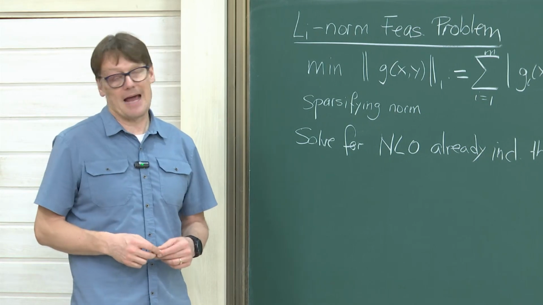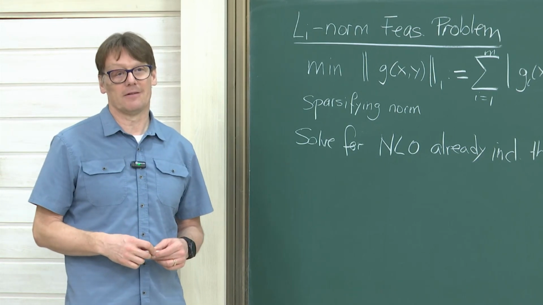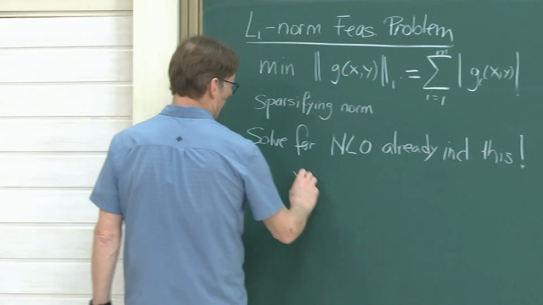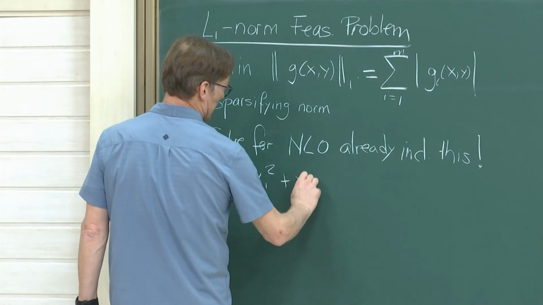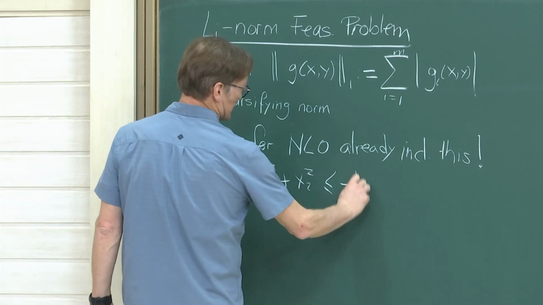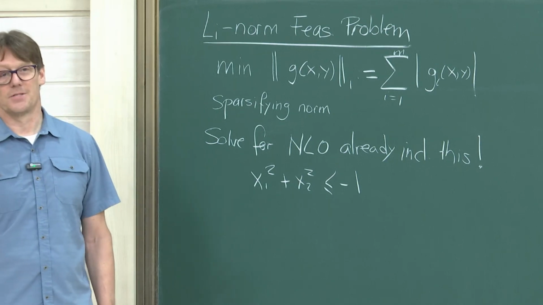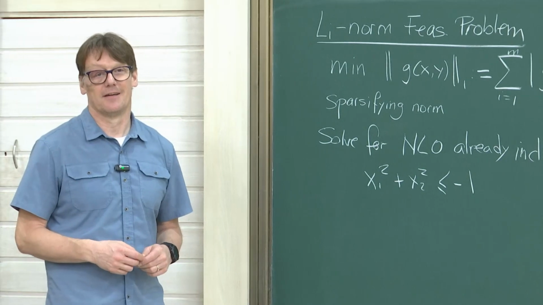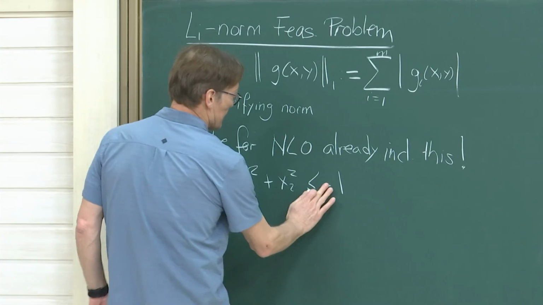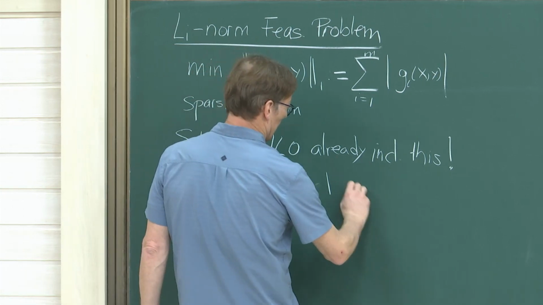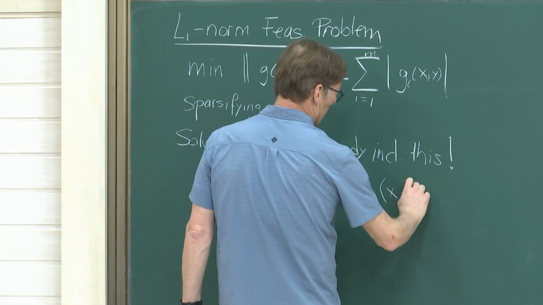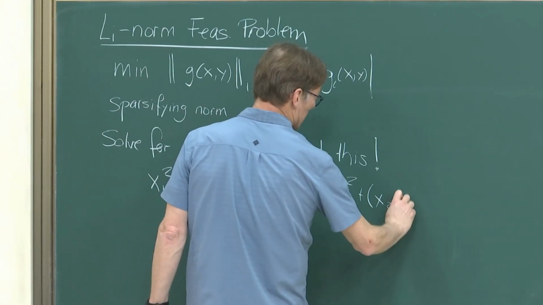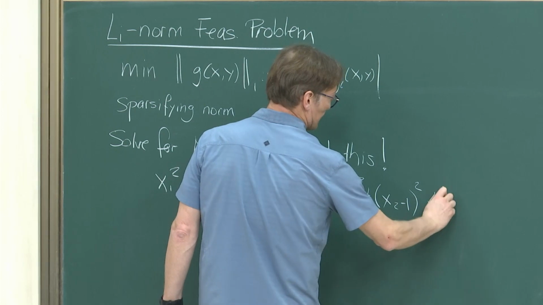And you can try that out again in AMPL. You can take a problem that's feasible and add a constraint that doesn't make any sense. For example, x1 squared plus x2 squared less than or equal to minus 1. The solver will detect that that's nonsensical. Or you can do something better: x1 minus 1 squared plus x2 minus 1 squared less than or equal to a half.